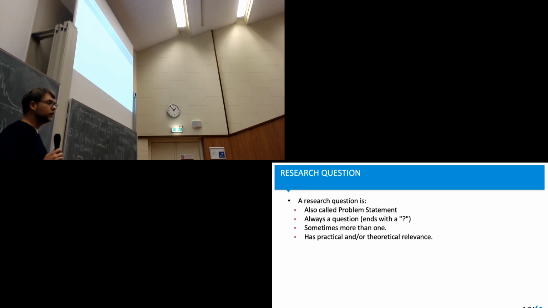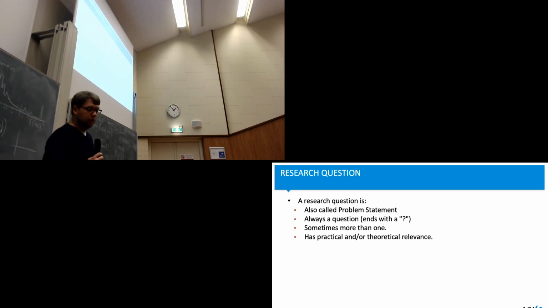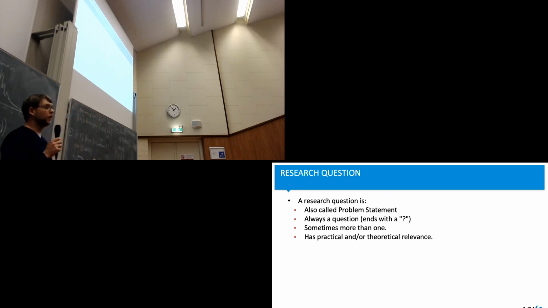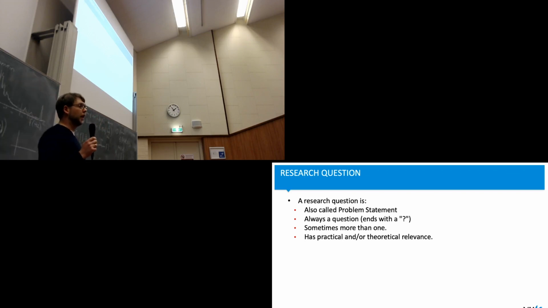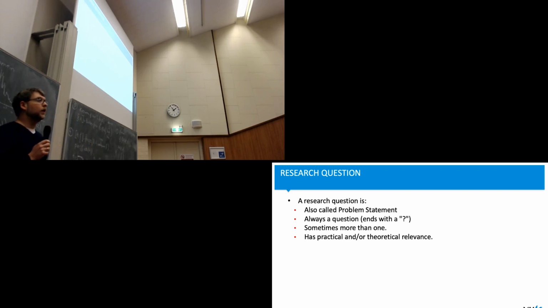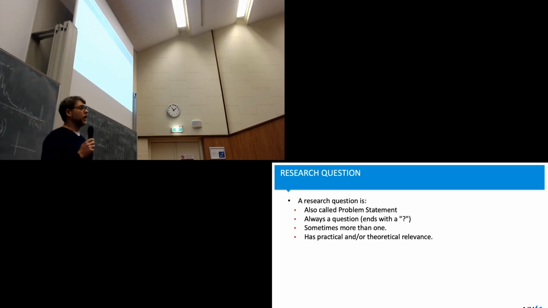So what is a research question? A research question is also from time to time called a problem statement. So let's say we have 2 designs of our website, and now we are saying, okay, we would like to know which one is better. Or we say, we are interested to know where our users are coming from. Do they come over Google, or do they come from another search engine?